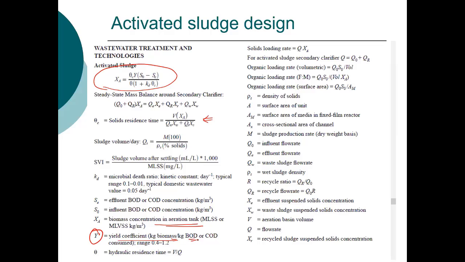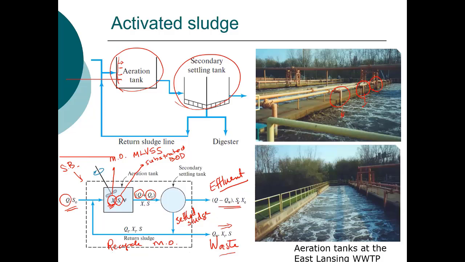Our hydraulic retention time is the same. So this is just our detention time. S0 is the influent BOD concentration that's coming from the primary tank. And this S sub E is the effluent concentration. Actually, we will make the assumption that there is no BOD removal in the sedimentation tank.